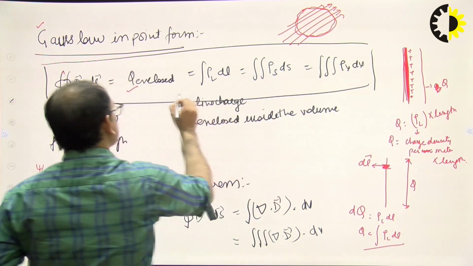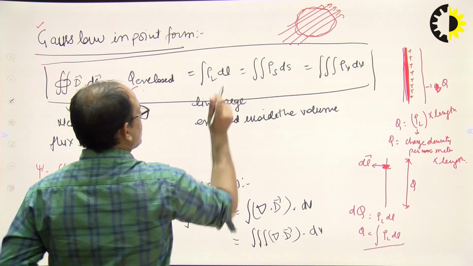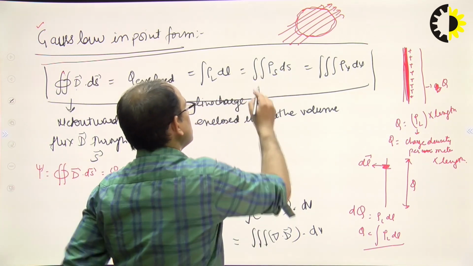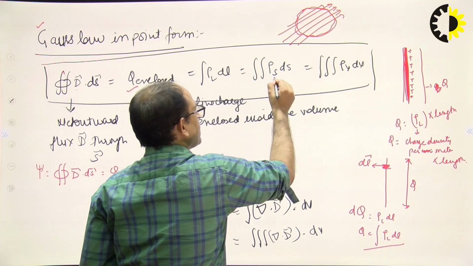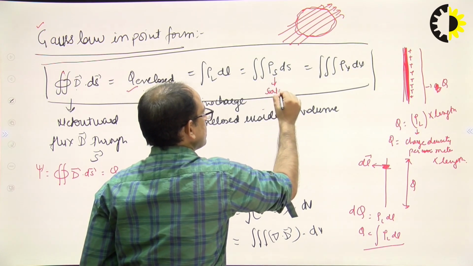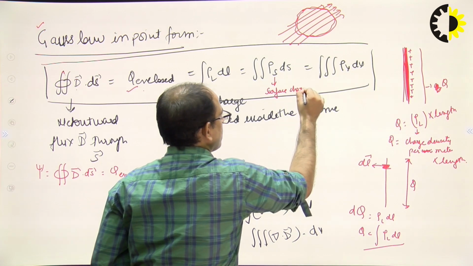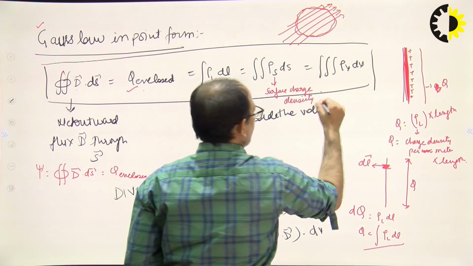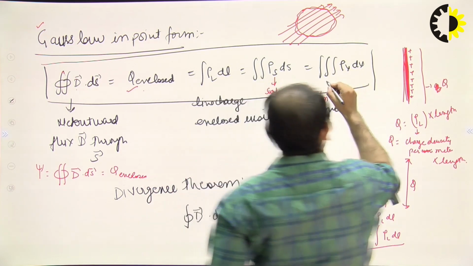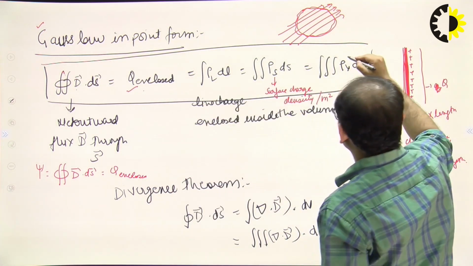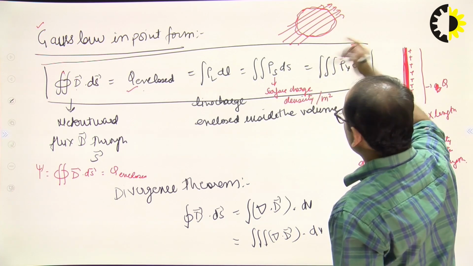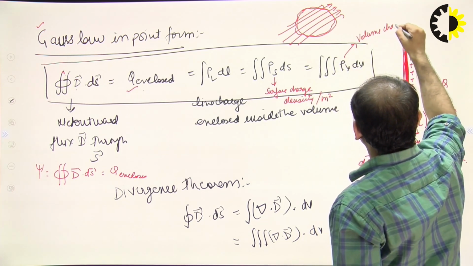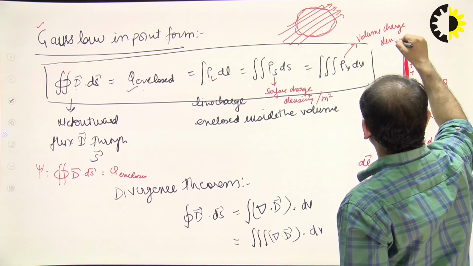Clear? So Q enclosed will be the integral of rho L dl, and similarly for the surface it will be the open surface integral of rho S ds, where rho S is the surface charge density per meter square. If the closed surface forms a volume, it is the volume charge density.